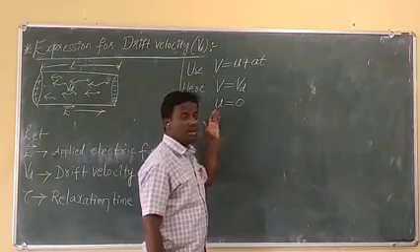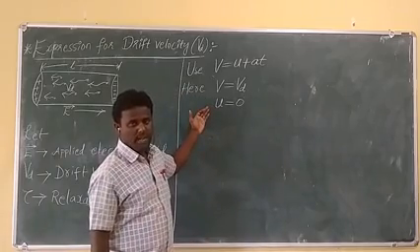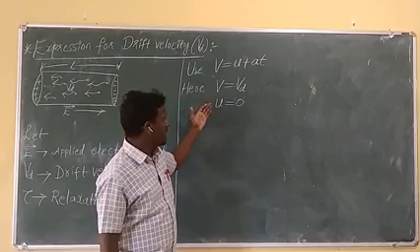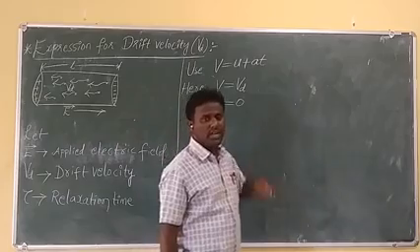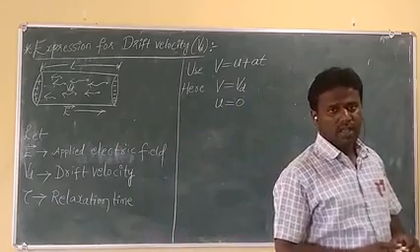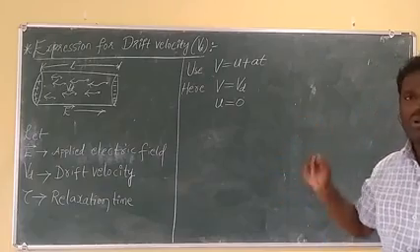When electric field is not applied, all the electrons move in different directions, thereby their velocity is taken to be equal to 0.